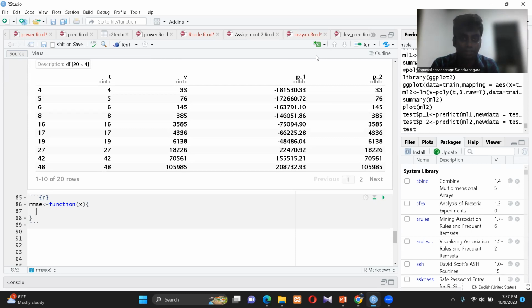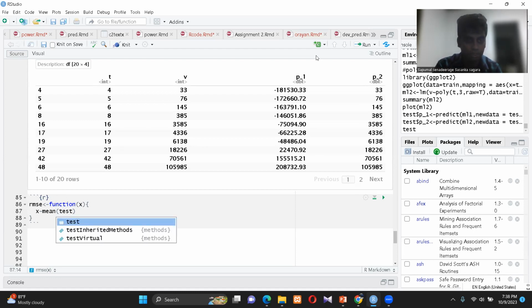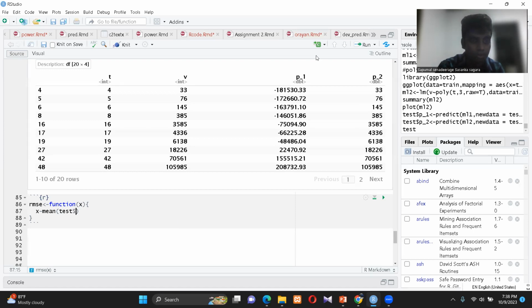Mean squared error: x minus the mean of the test velocity.